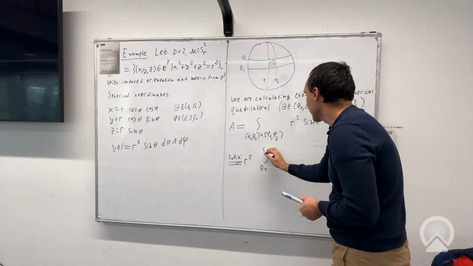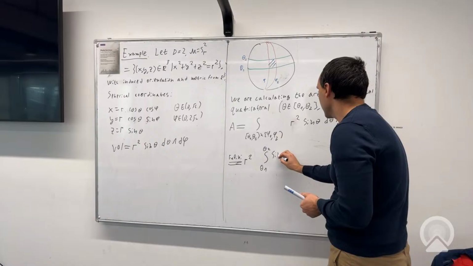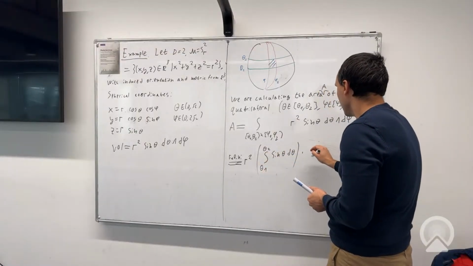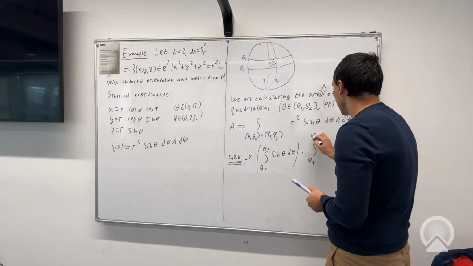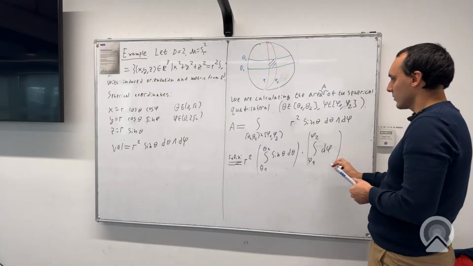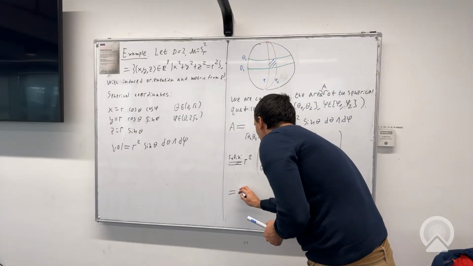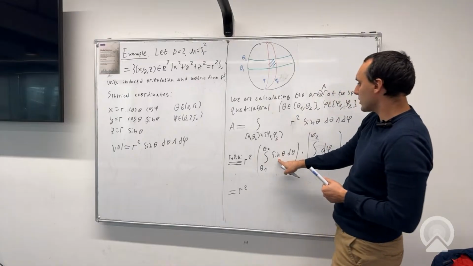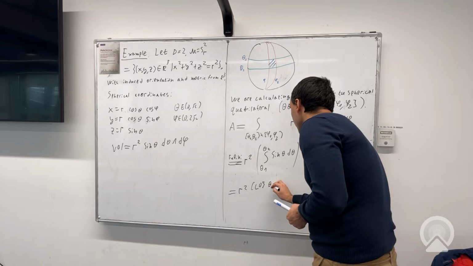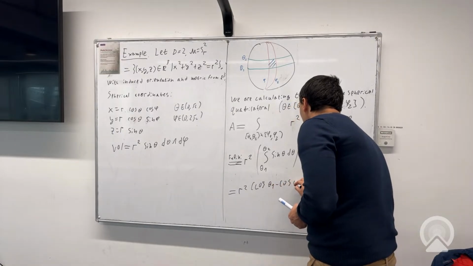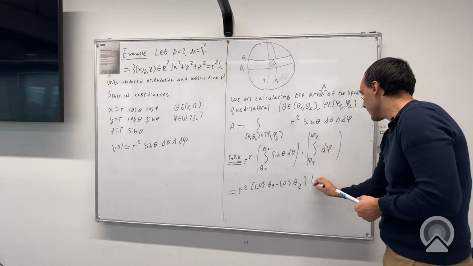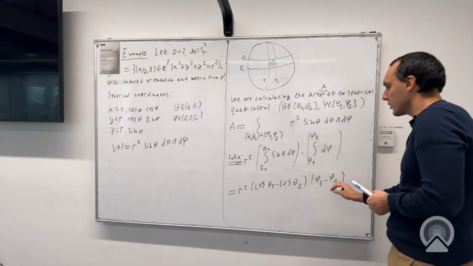Integral theta 1, theta 2, sine theta d theta times integral phi 1, phi 2 d phi. So we have r squared. This will be cosine theta with minus 1, so this will be cosine theta 1 minus cosine theta 2. And here we have phi 2 minus phi 1. Okay.